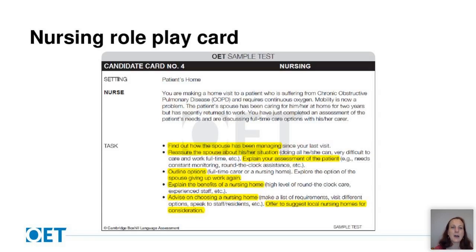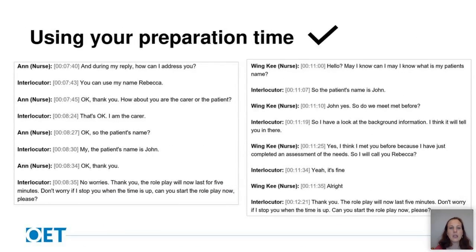But let's look at how a couple of the other nurses used the preparation time successfully. You can see here that both nurses clarified if the interlocutor was the patient or the carer. So this is during their preparation time. They both checked, are you the carer or the patient? The nurse on the right said, do we meet before?